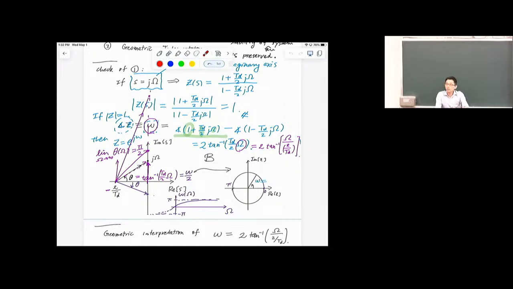But after the transformation, they all go inside the unit circle, which is also a guarantee for stability. So we know that this bilinear transformation is pretty nice. It's safe to use. If you begin with a stable system, you don't need to worry that the end result will become an unstable system. That will not happen.